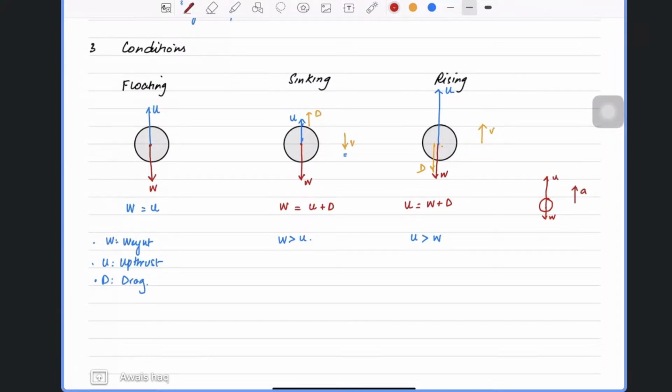You agree? Yes, because the forces are unbalanced. As it accelerates, its speed is going to increase as well. So when the speed increases, although the weight is smaller and upthrust is larger, there will be a time when it will reach a terminal velocity where drag is going to balance out the difference between weight and upthrust. Do you understand?